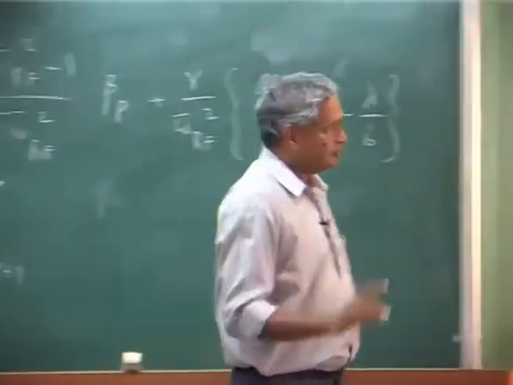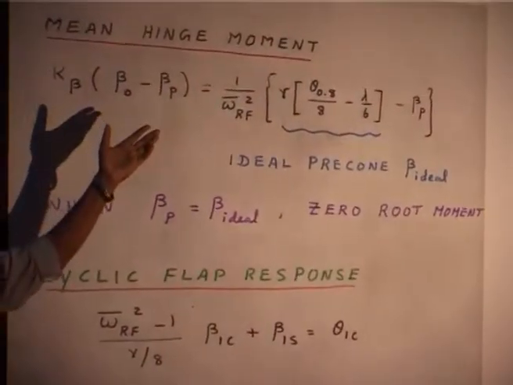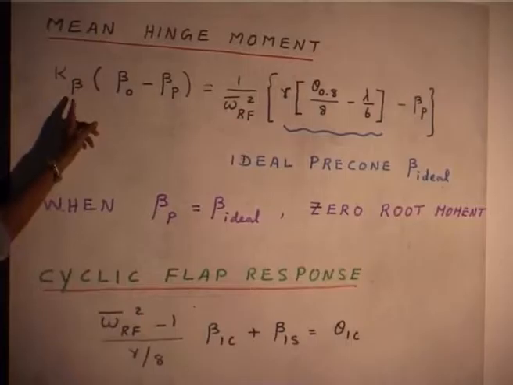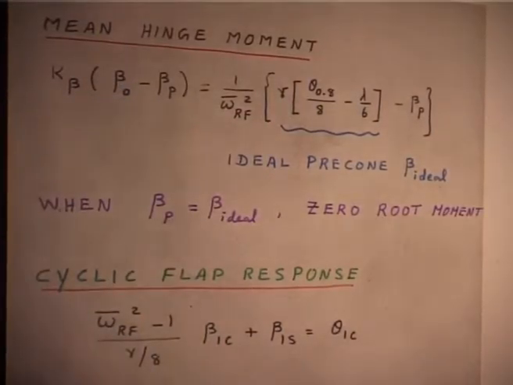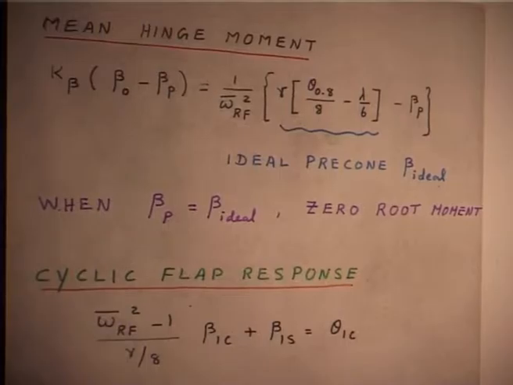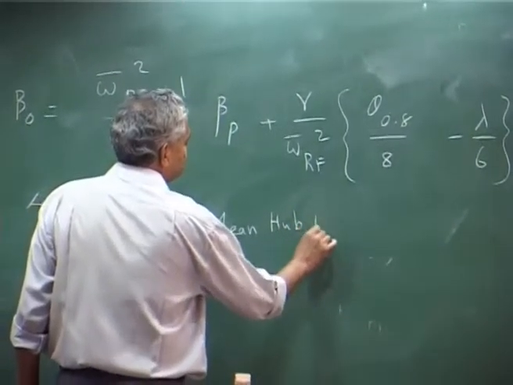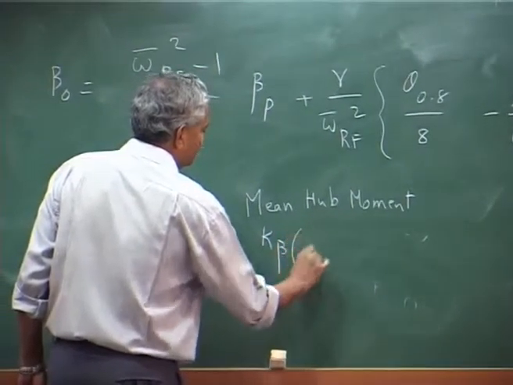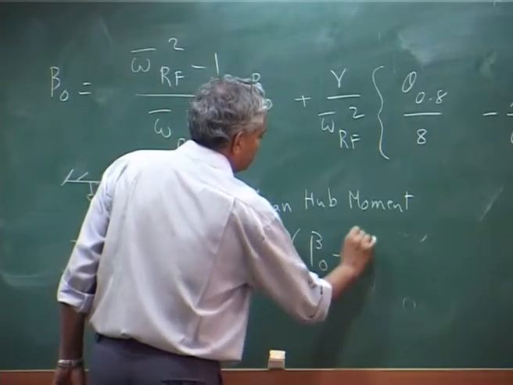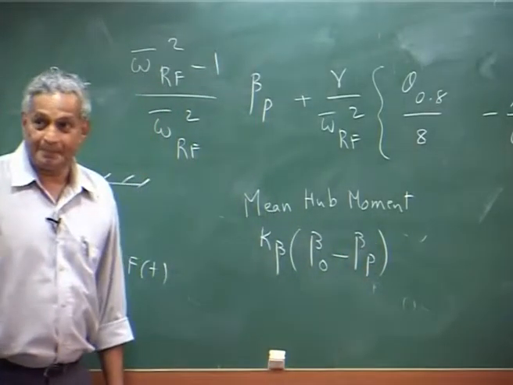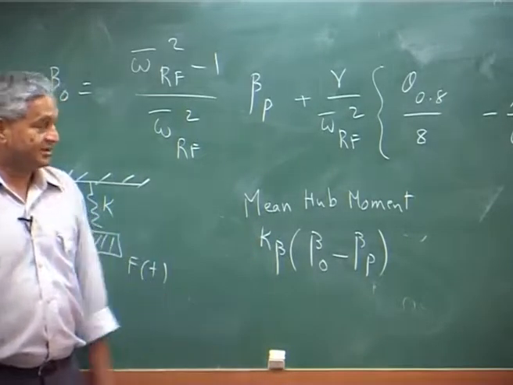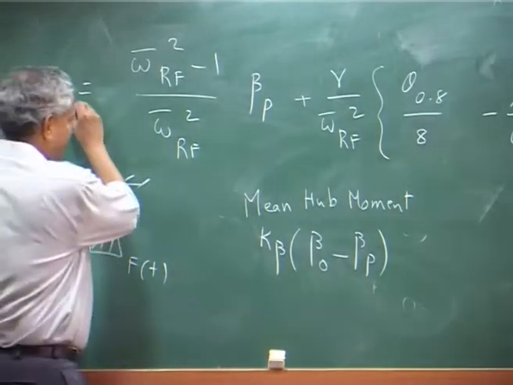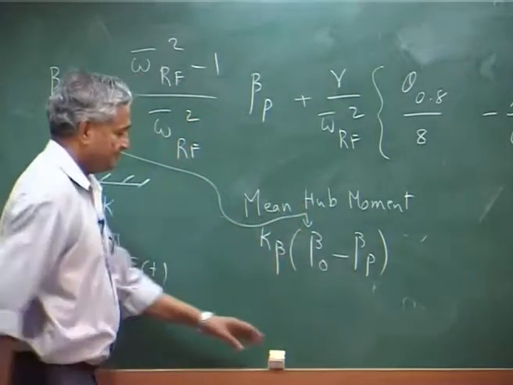I am taking the mean value, because beta naught, 1c, 1s I am not taking, otherwise I have to take k beta, beta minus beta p. Here I am taking only the mean part of it. So, the mean hub moment is k beta into beta naught minus beta p. This is the mean hub moment. Now, I substitute this beta naught here.